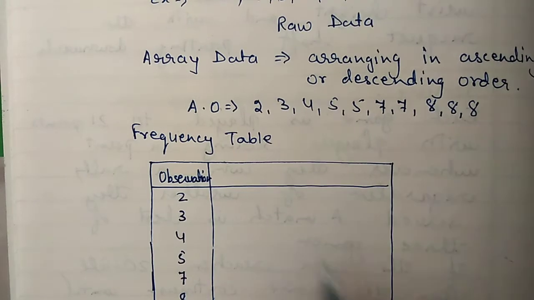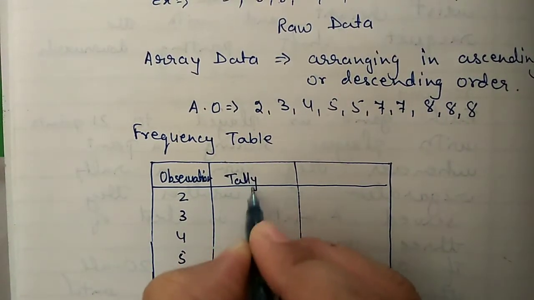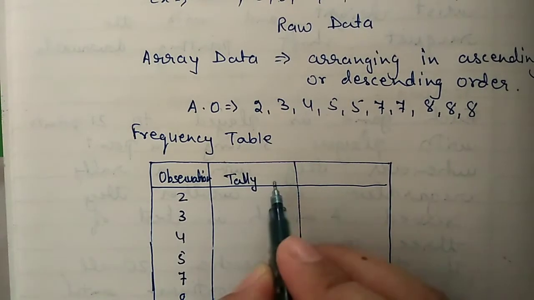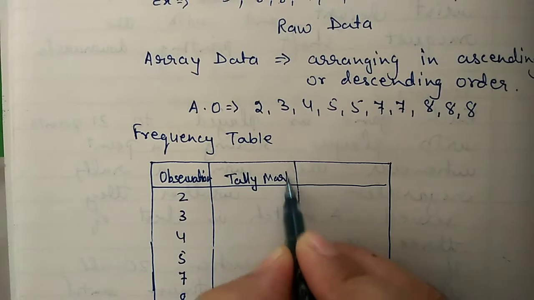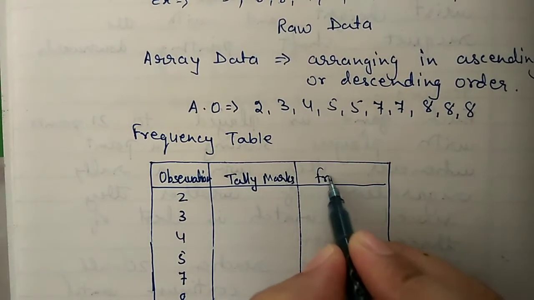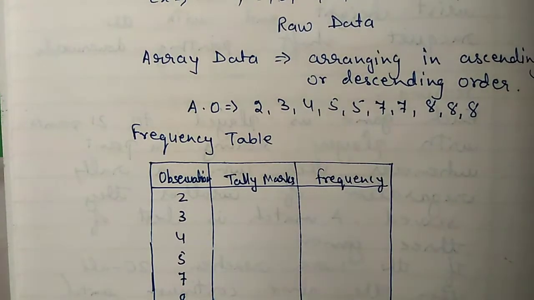In the next column will be tally marks. Tally marks means representing the frequency by marking. And at last comes frequency. Frequency means the number of times this observation is coming.